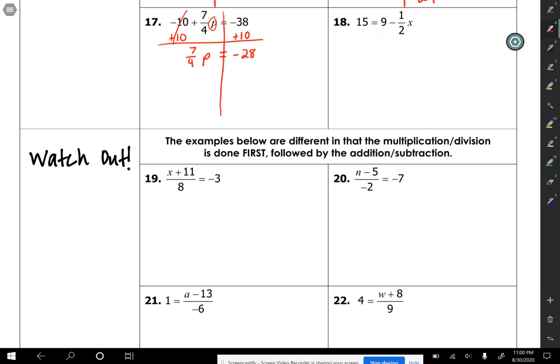Let me grab my calculator for this one. All right, so then there's a fraction again, so I can multiply by the reciprocal to get it to go away.